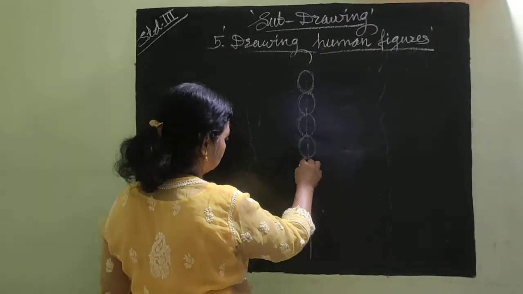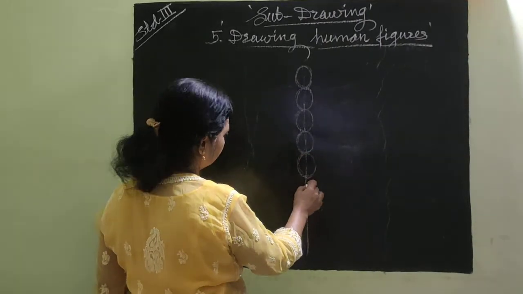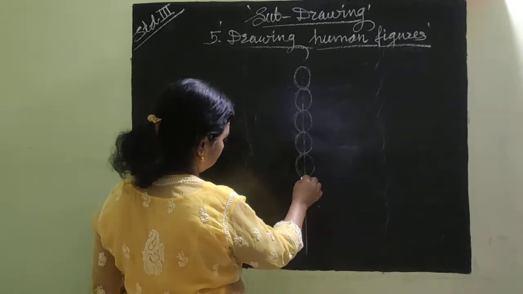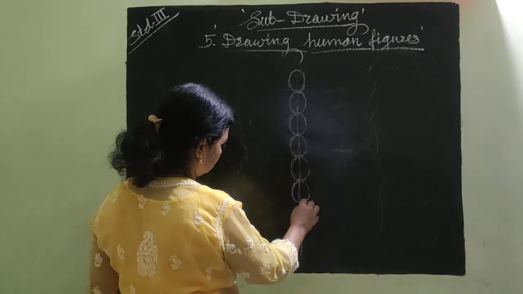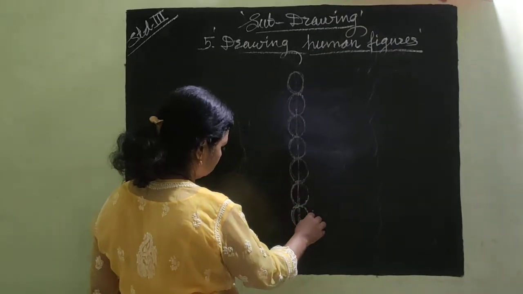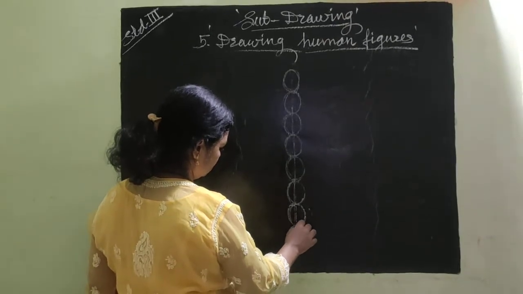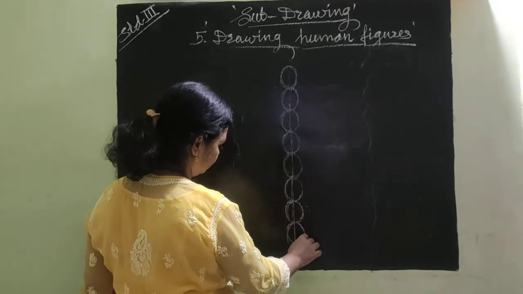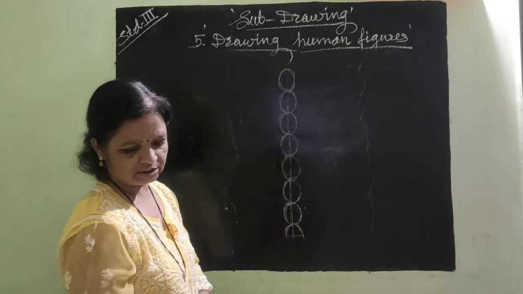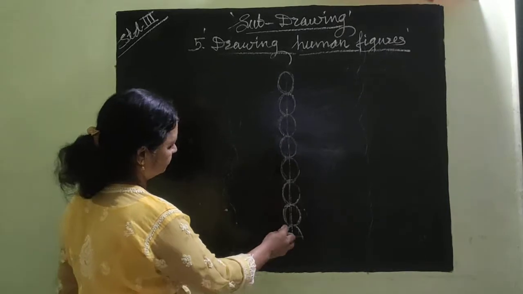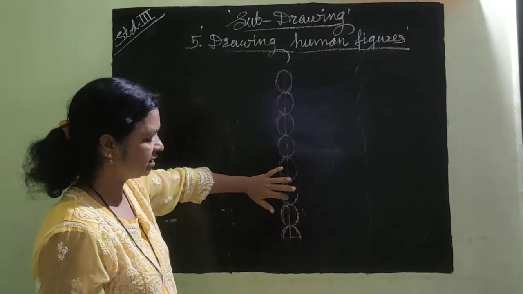Now draw three. This one, fifth one, then 6, 7 and the half. So complete it, no problem. And then half it like this. So it is easy for you in this way. 1, 2, 3, 4, 5, 6, 7.